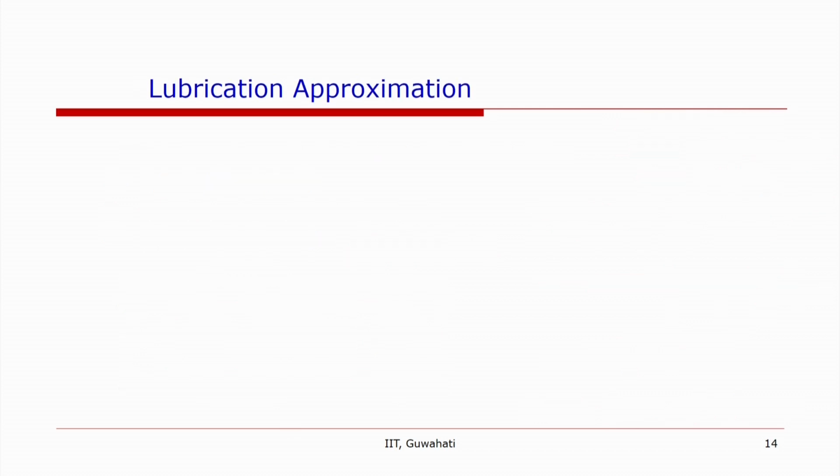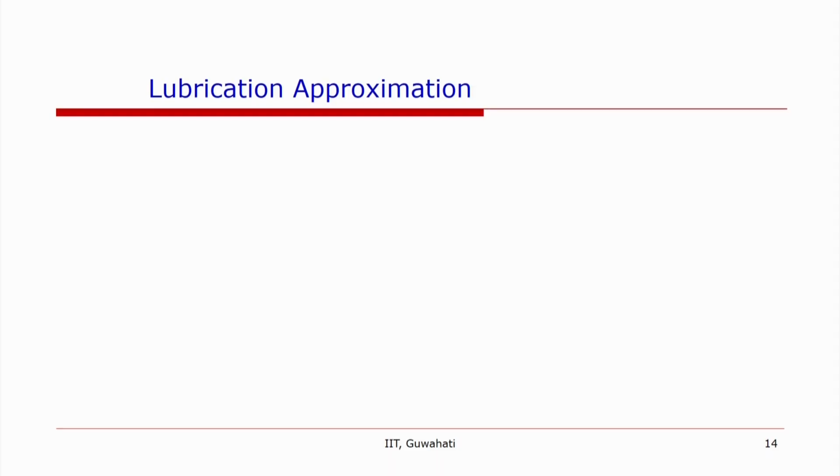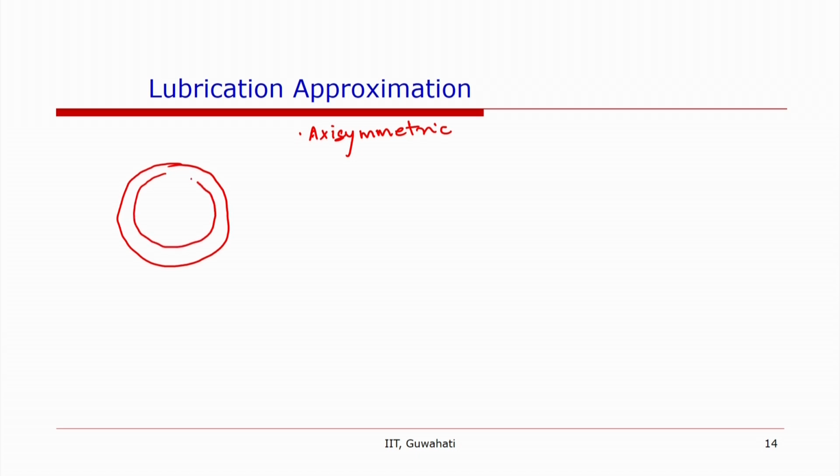These coordinates are in the film region. Now we can apply the lubrication approximation. The lubrication approximation is just scaling. One of the approximations here is that the problem is axisymmetric. So if we look at a cross section in the bubble, we have this channel wall and this is the bubble interface.